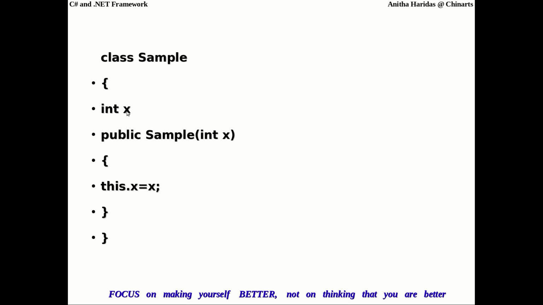Whether I am referring to this x or this x cannot be understood by the machine. So if I am referring to the data member of the class, I will use this dot x so that the system understands it is the data member. If you have given just x, it will understand it is the local variable of that particular method. So to overcome this kind of conflict in your program, you can use the this reference. That is the main purpose of using the this reference.